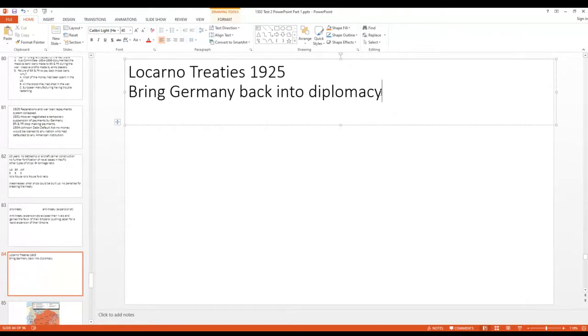The Locarno treaties were about bringing Germany back into the diplomatic process and sort of normalizing Germany back into foreign affairs. Germany will join the League of Nations.